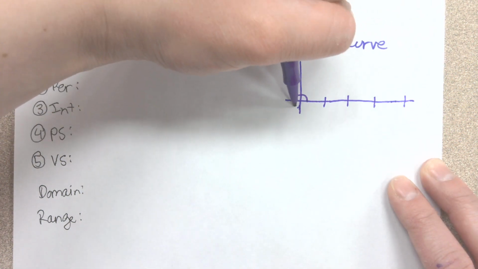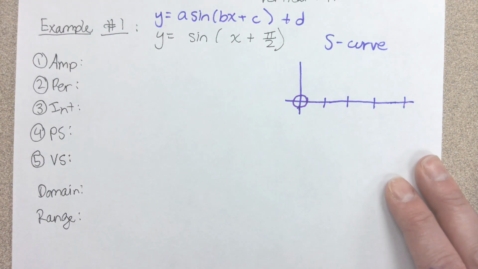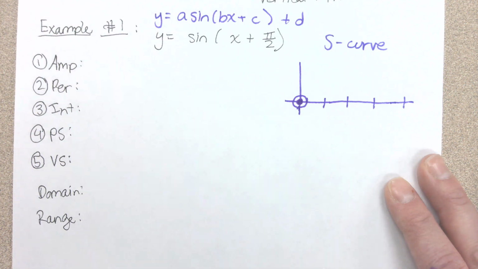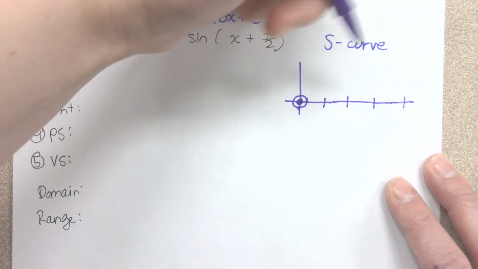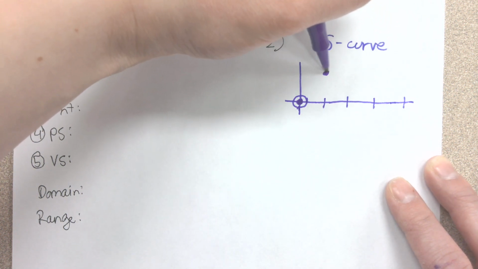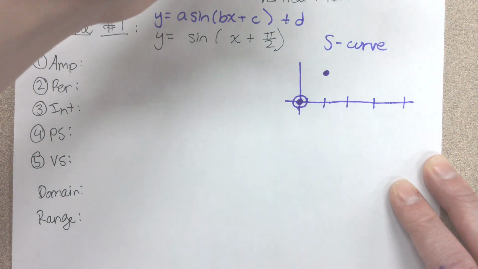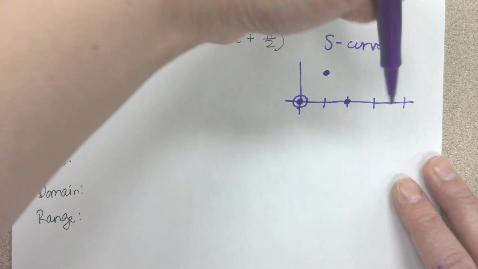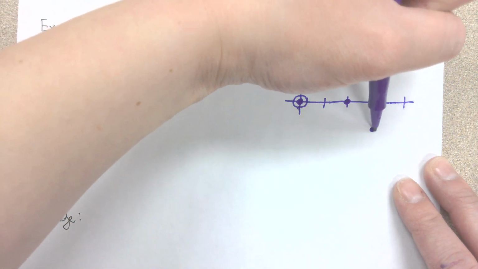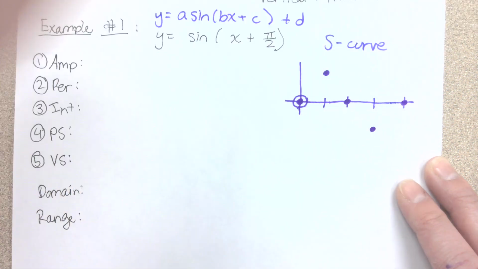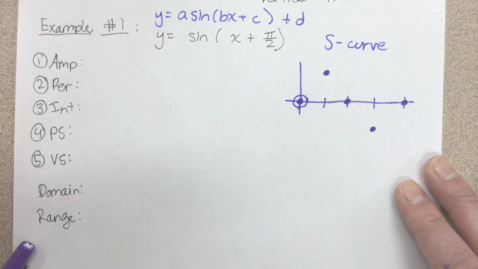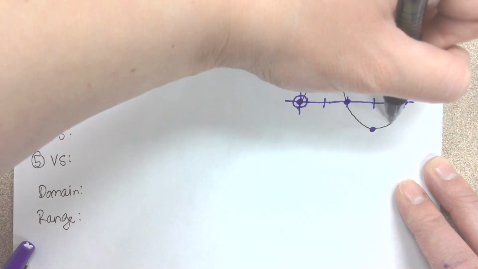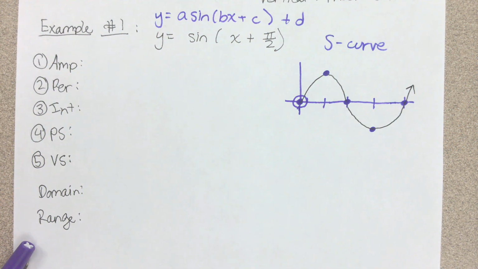We have our circle at the origin. Sine actually starts at the origin inside that circle. From there, the next interval, it goes up to its maximum, whatever that number is for that function. Back down to the midline for the second interval. Down to the minimum for the third interval. And back up to the midline for its fourth interval. Creating that nice S shape.